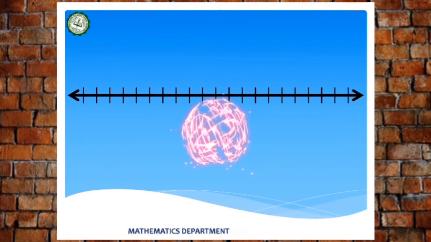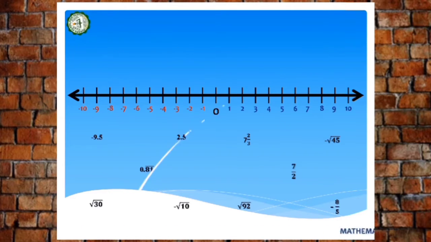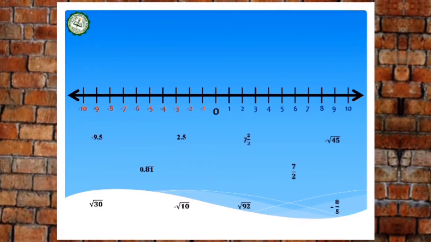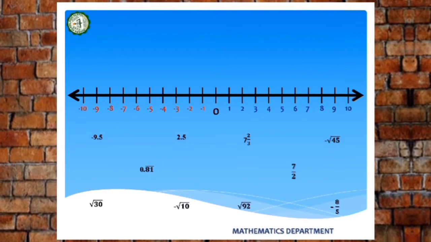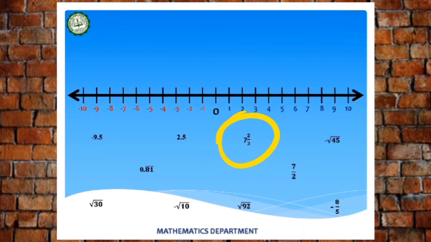Observe the figure. This time, let's try to locate the following set of real numbers on the number line. For non-integers, we will need to get the decimal form first before we can locate it on the number line. What do you think is the equivalent of 7 and 2/3 in decimal?